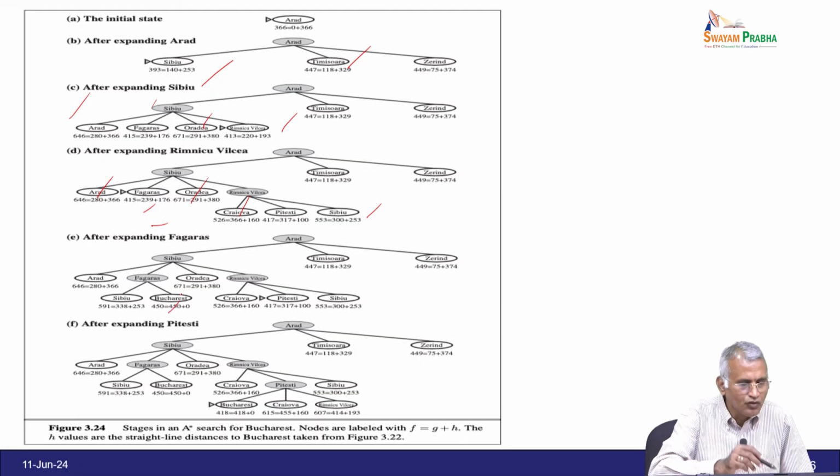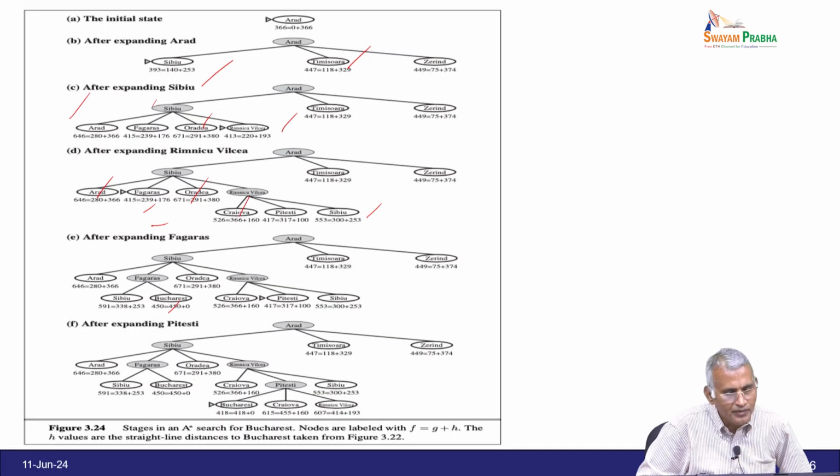So, it reaches 450. Already we discussed this, and then Fagaras is expanded, and here Rimnicu Vilcea is expanded to Craiova, Pitesti and Sibiu, with 160, 100, 253 respectively. After expanding Pitesti, it expands to Bucharest, Craiova and Rimnicu Vilcea, and it reaches Bucharest from Fagaras in the end, whereas Pitesti reaches Bucharest, Craiova and Rimnicu Vilcea.